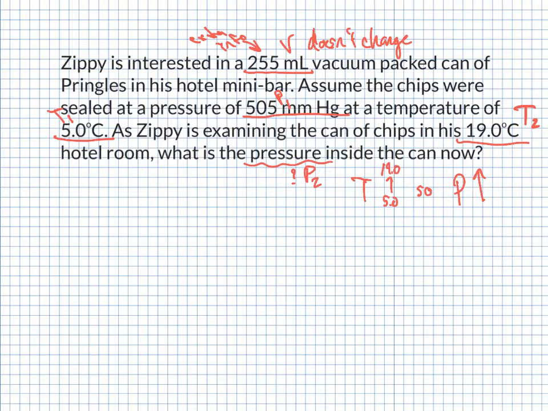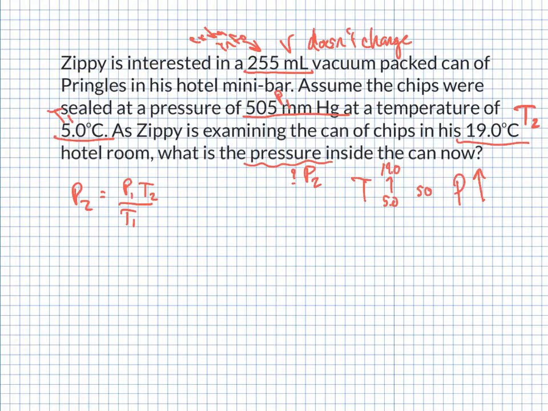That's what I should expect in the problem. Now I am looking for P2. From the previous page, what was my formula for that? It was P1 over T1, and then I moved my T2 over, and it was like this. So I've got P1 times T2 divided by T1.